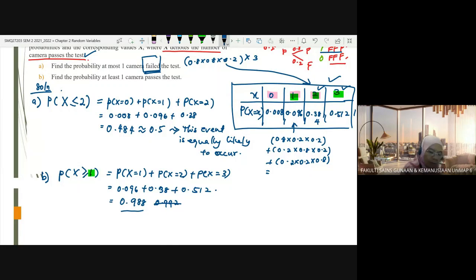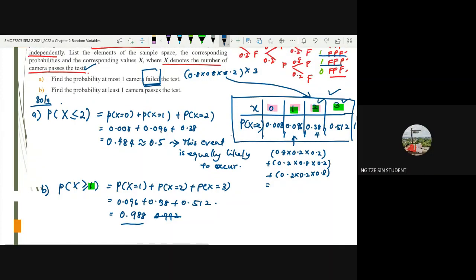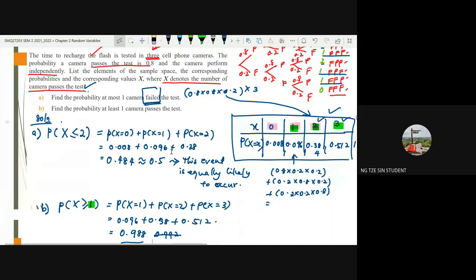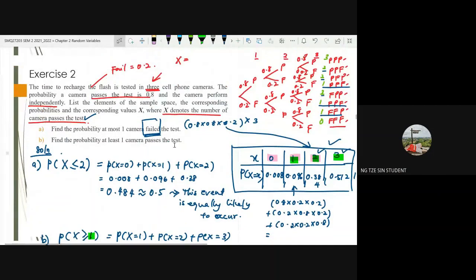Okay, so yes. I have a question about "at most", right? If we take success 1, that means already fail 2. Because we take 0, 1 and 2, right?